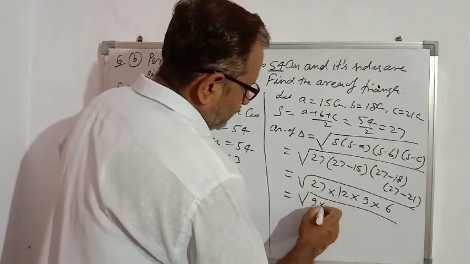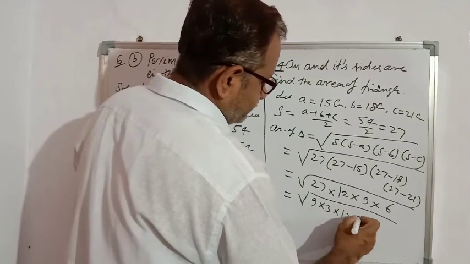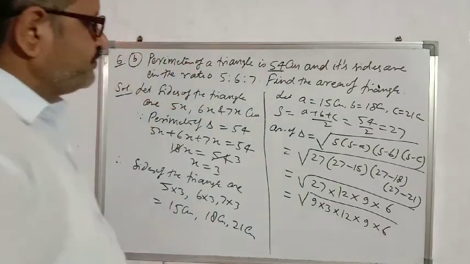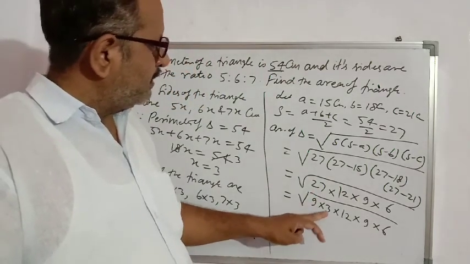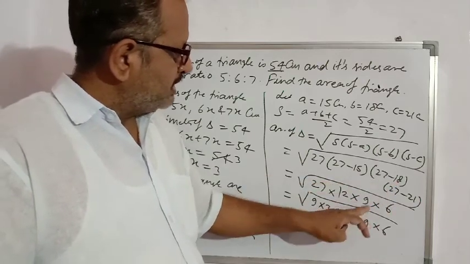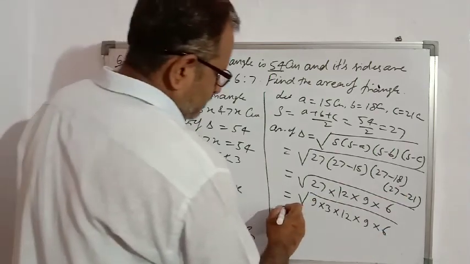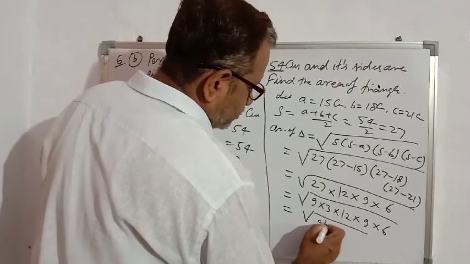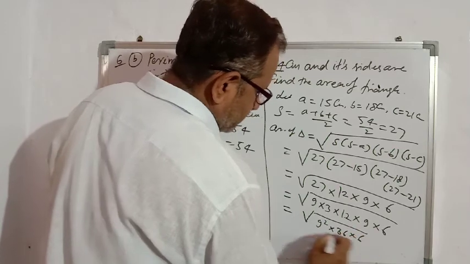27, we can write 9 into 3, into 12 into 9 into 6. 9 into 3 is 27, into 12, 27 minus 18 is 9, 27 minus 21 is 6. 9 into 9, 9 square. 12 into 3, 36 into 6.